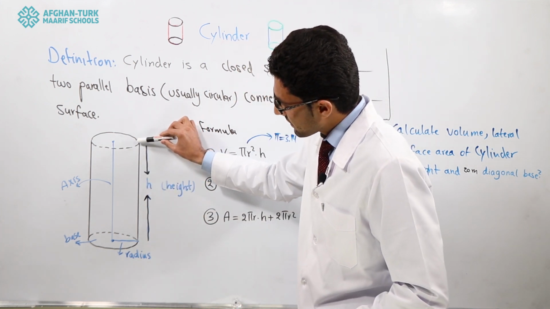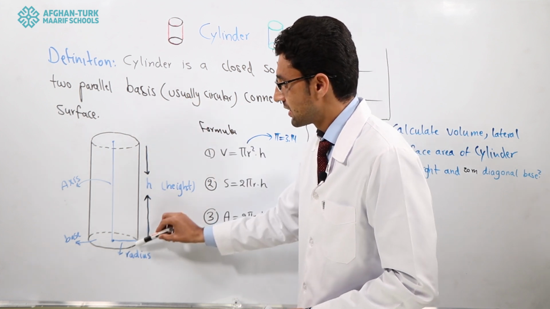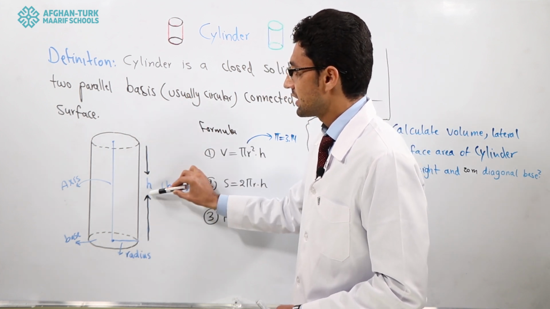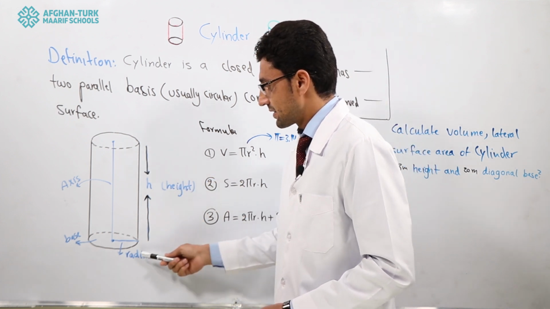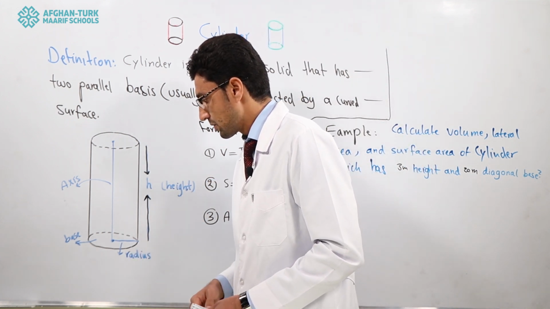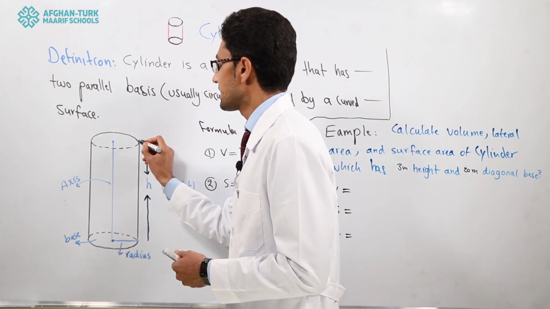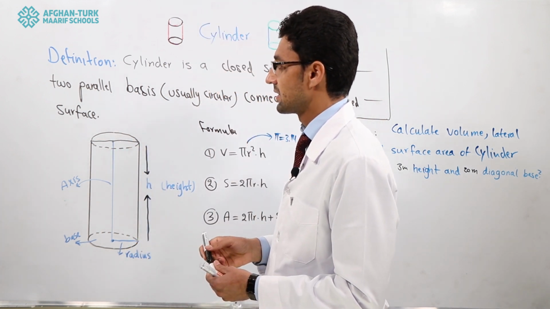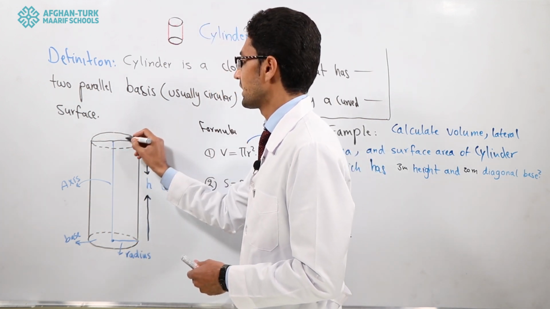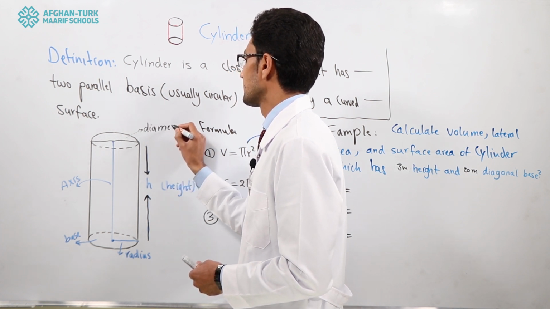The line from the top base to the bottom base, we call it the height. And you know that in a circle we have the radius. If it goes across like this, we call it the diameter.